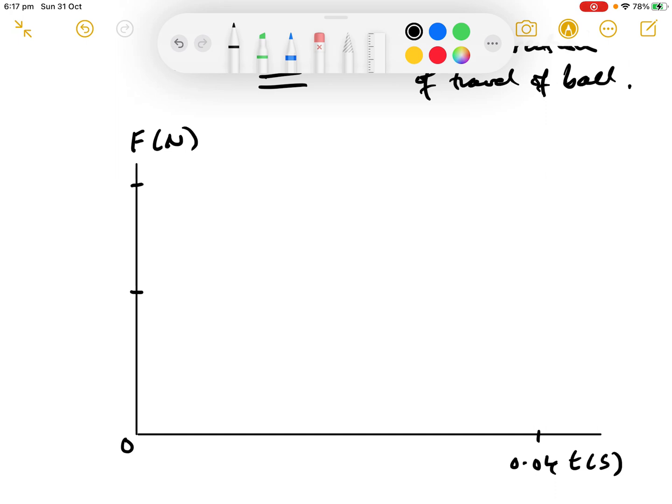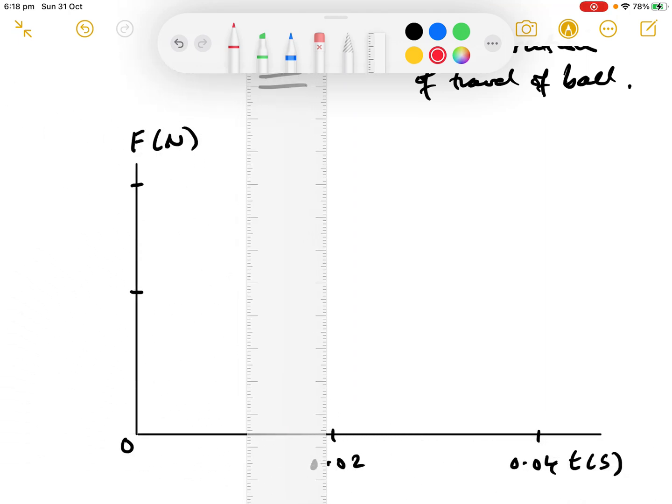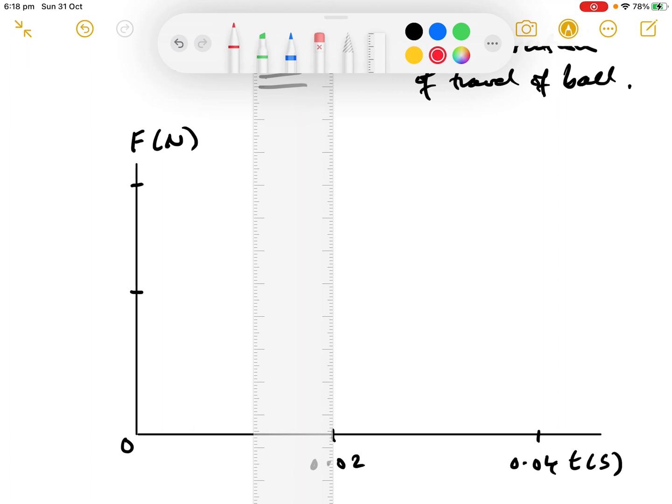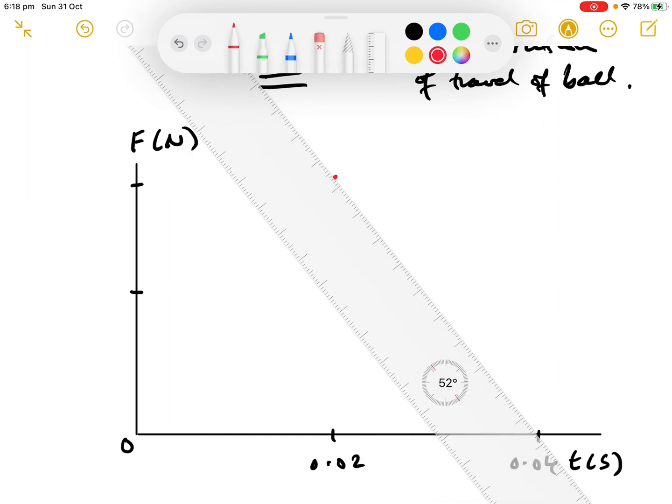If we go to the halfway point, which would be 0.02, you'll find that the maximum force is reached halfway through the interaction, so about there. So let's put that with a dot there. Notice I've not written any values on the force axis yet.